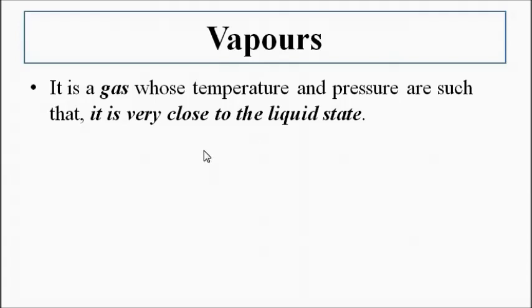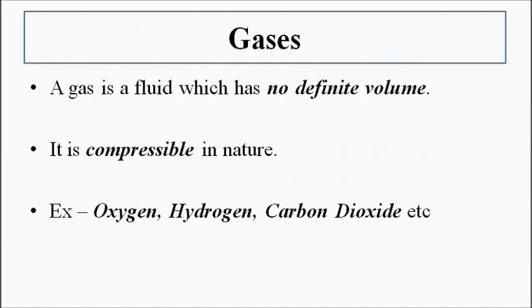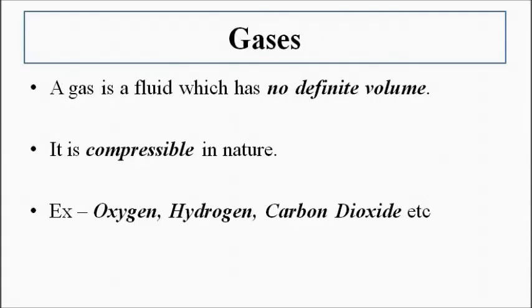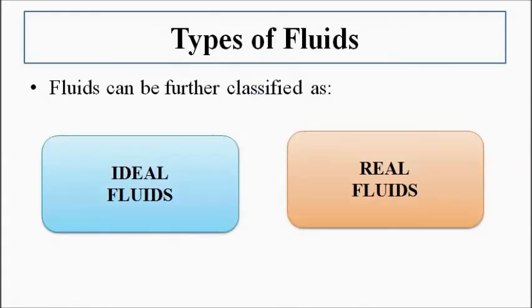So liquids, gases and vapors. Vapor is just another thing which we should know, but mainly we will have liquids and gases combinedly called fluids. Now the types of fluids.